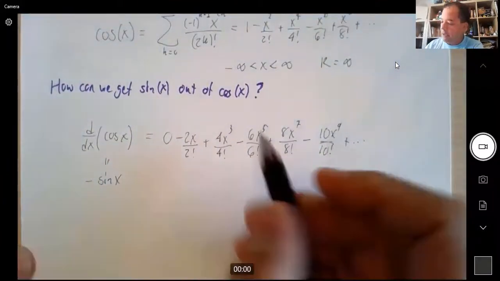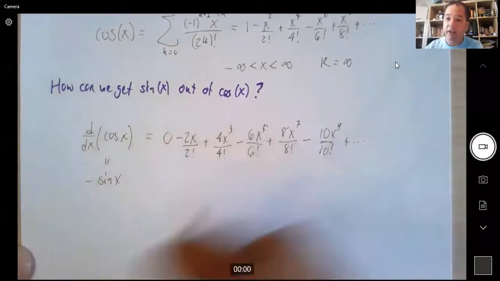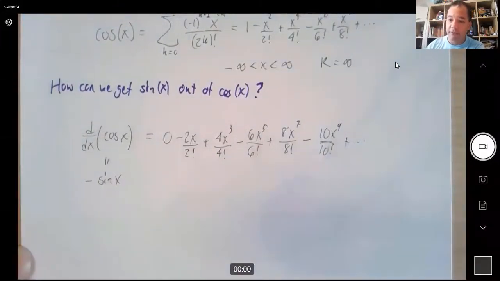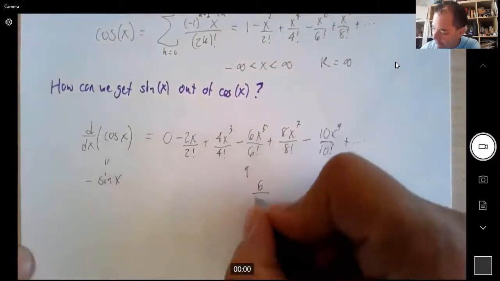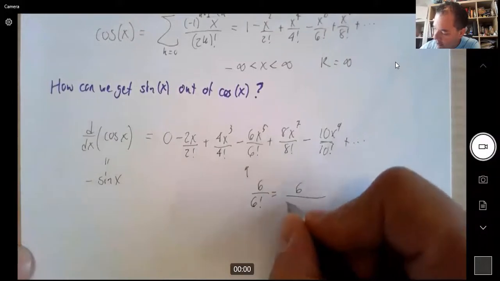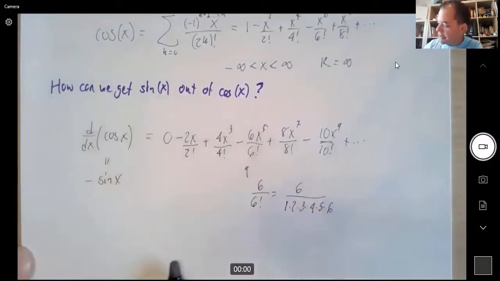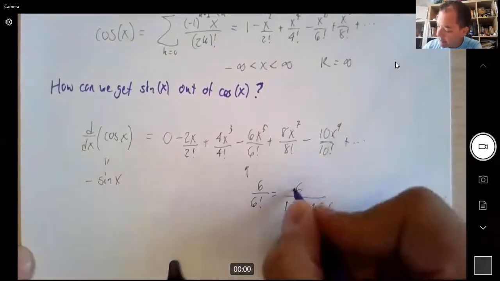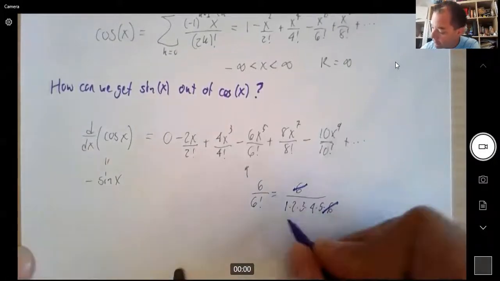So what is 6 over 6 factorial? Where 6 factorial is 1 times 2 times 3 times 4 times 5 times 6. So 6 over 6 factorial is the same as 6 over 1 times 2 times 3 times 4 times 5 times 6. It means we cancel the last one: this 6 cancels that 6, and what you're left with is 1 times 2 times 3 times 4 times 5, meaning 5 factorial.